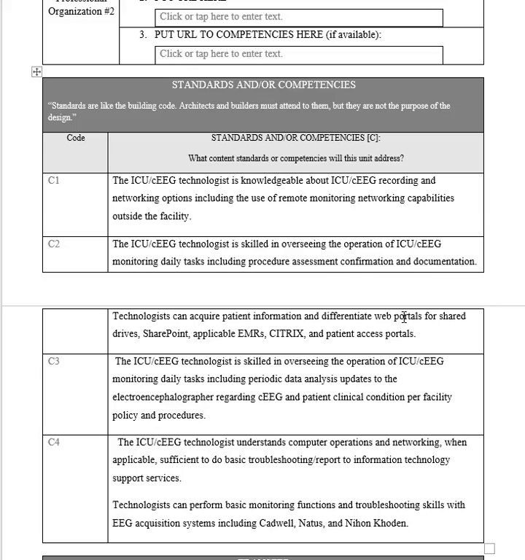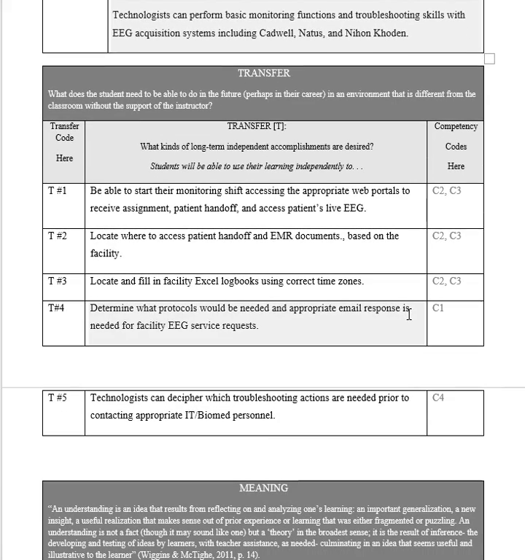The next section is going to be transfer, and this is saying, of the information that the student's learning, how are they going to use that information to transfer into a situation or environment outside of the classroom that's going to be useful? They're going to be able to transfer this knowledge without the assistance of an instructor.